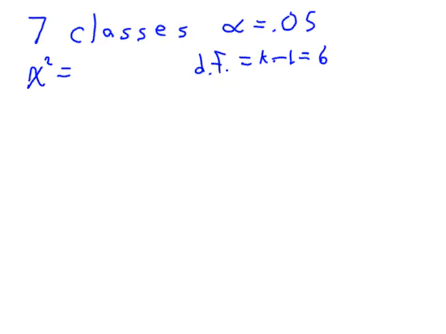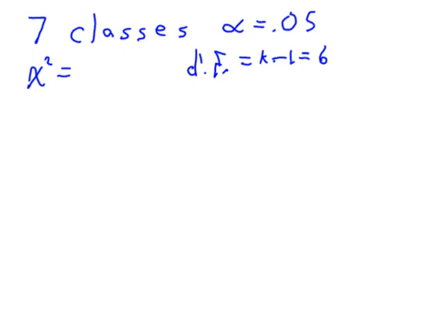Now we go to that table that I showed you. Let's practice where we've got 7 classes and an alpha significance level of 0.05. Our degrees of freedom then, being k minus 1, is 6.